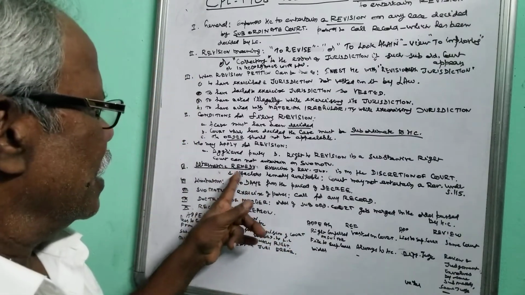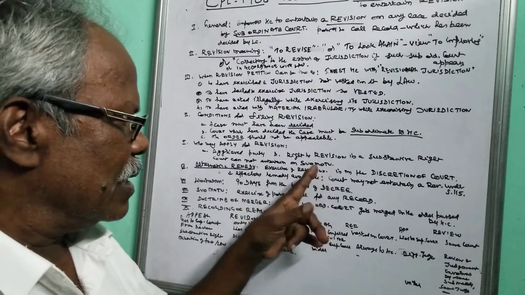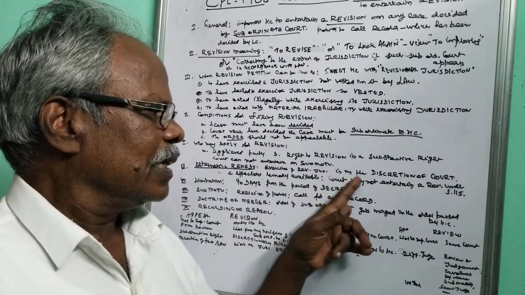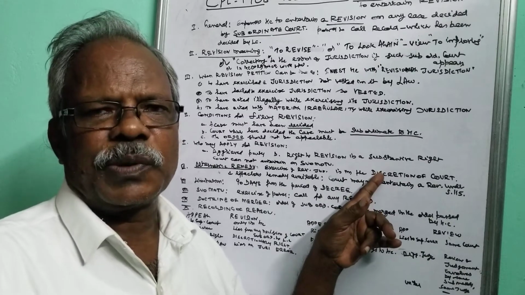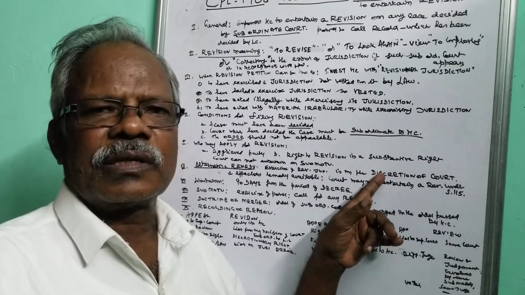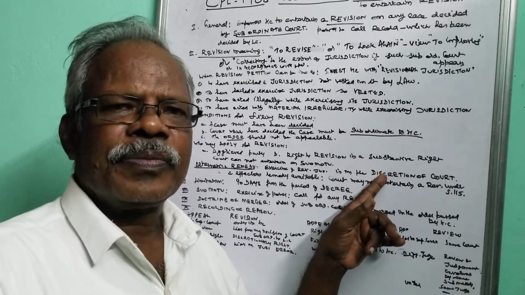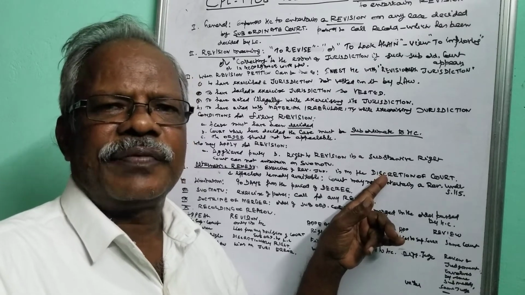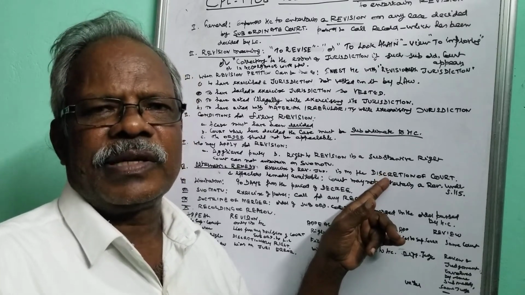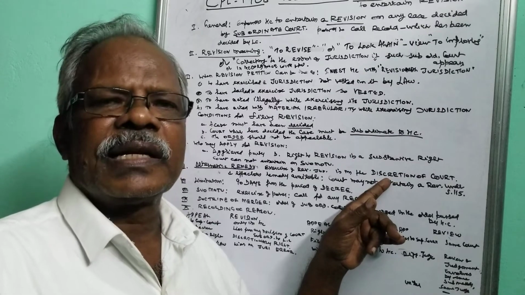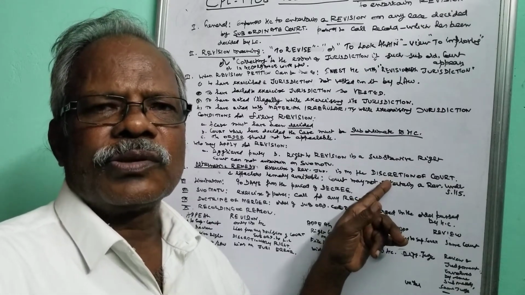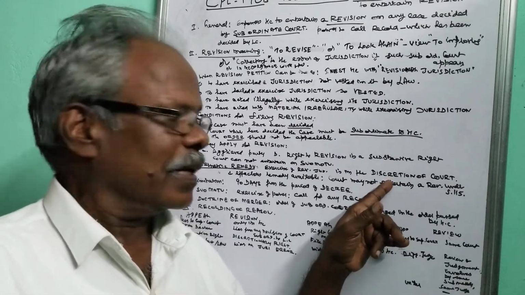So the exercise of revision jurisdiction is in the discretion of the court. It is purely the discretion of the court. If it thinks fit, then it will take it up. Otherwise, it will not. When there is an alternative remedy available, it will leave it to the alternate remedy.